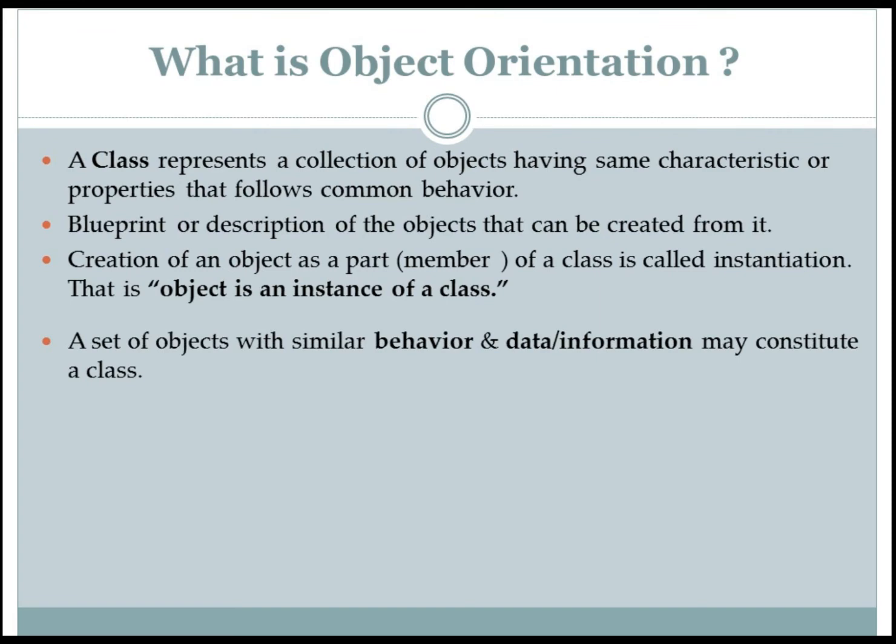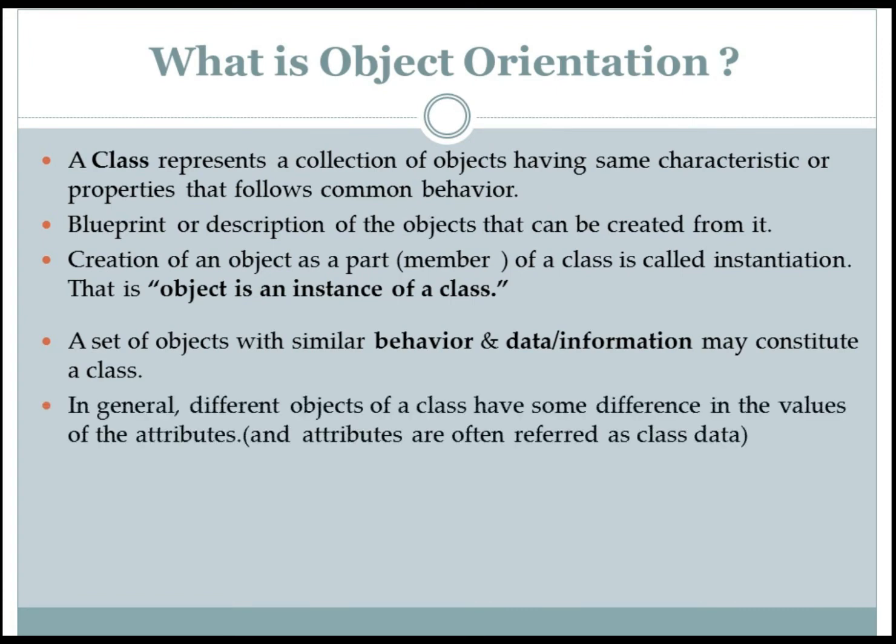A class has a set of objects with similar behavior and information, that is, the data that may constitute a class. In general, different objects of a class have some difference in the values of the attributes, and sometimes those attributes are referred to as class data.